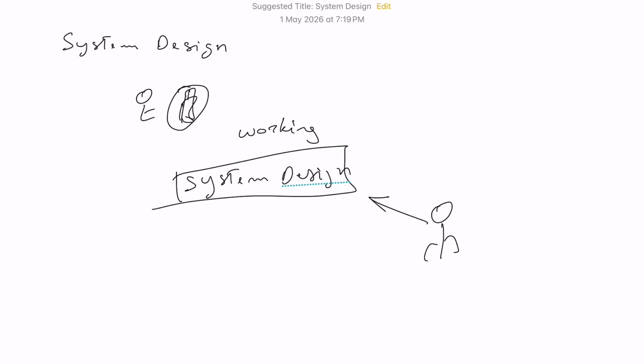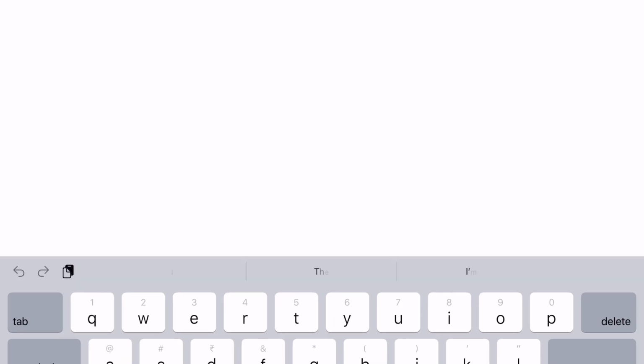So let me give you an analogy. Let's say you want to start a business. Okay, and you want to start a small samosa shop in India. If you want to start a small samosa shop, you may need to set up some components.